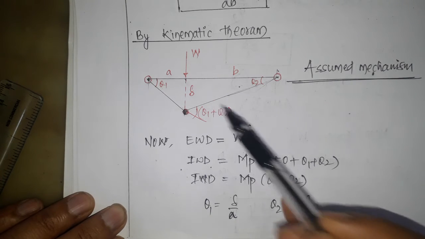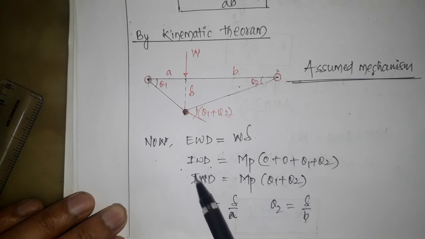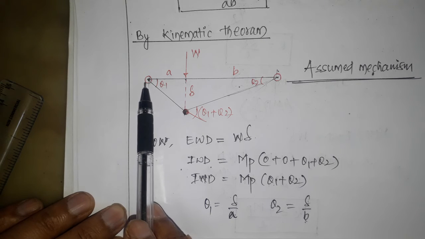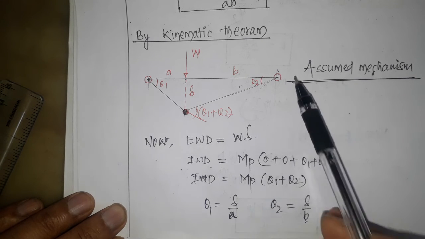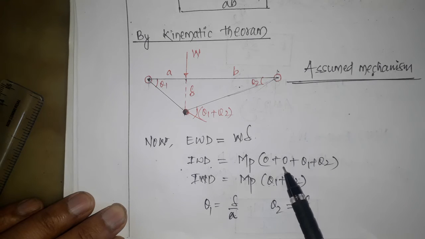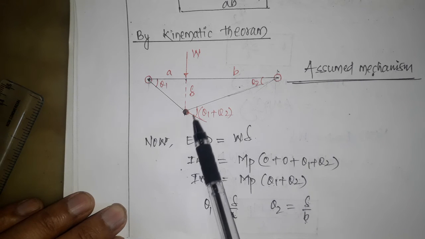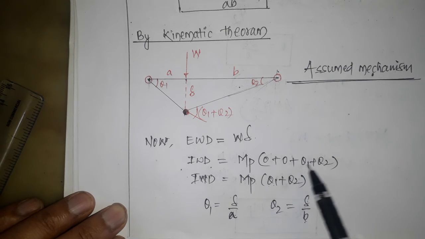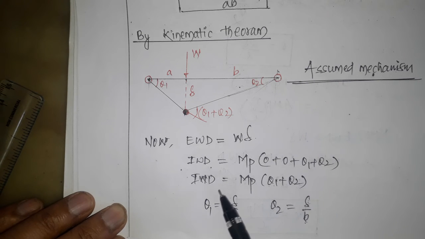The force is W because there is a displacement delta. The internal work done is MP into, because it's a structural hinge, rotation is 0, and this is also a structural hinge, rotation is 0, but at the center C we have the plastic hinge, so the rotation is theta 1 plus theta 2. So the internal work done is MP into (theta 1 plus theta 2).